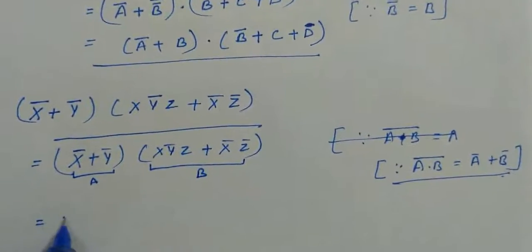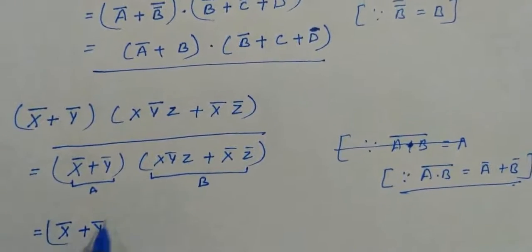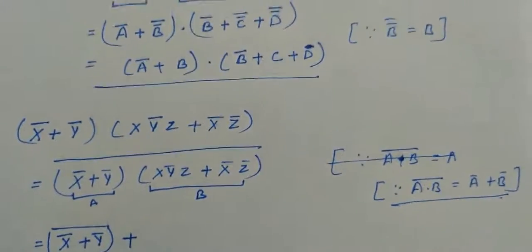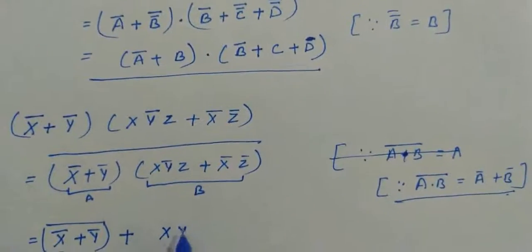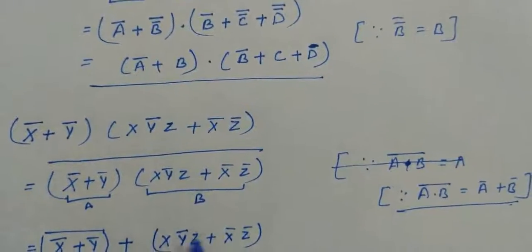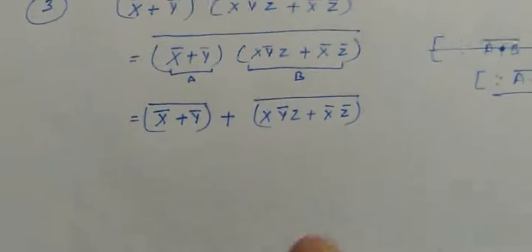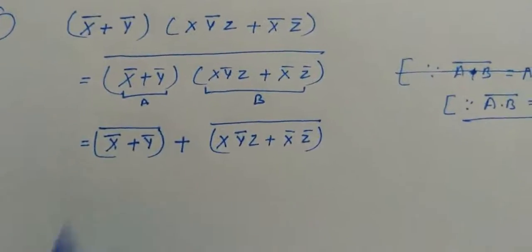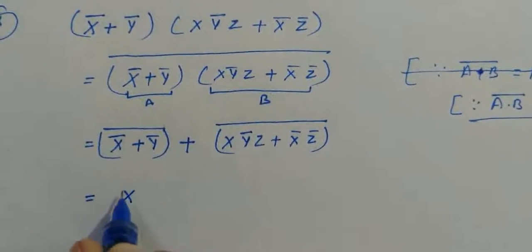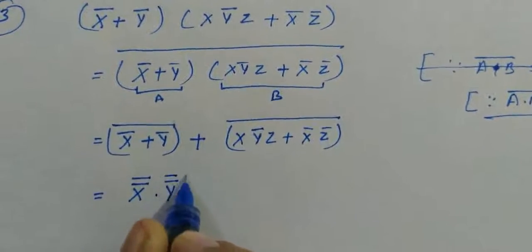So it will come X complement plus Y complement whole complement, plus, this is term B, X complement Z complement whole complement. Now again we can apply De Morgan's here. So it will come X complement complement dot Y complement complement.